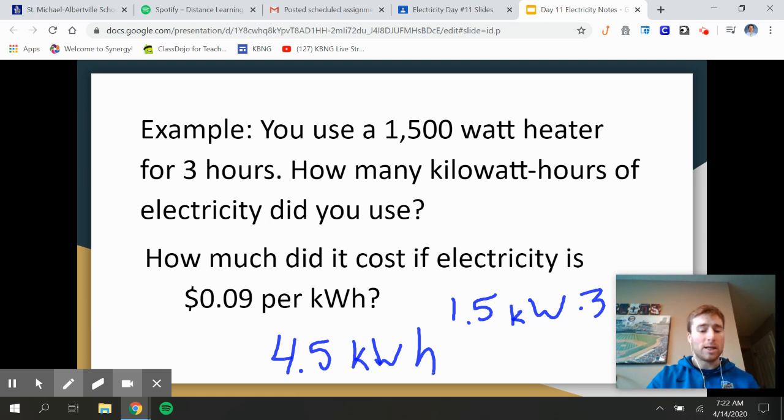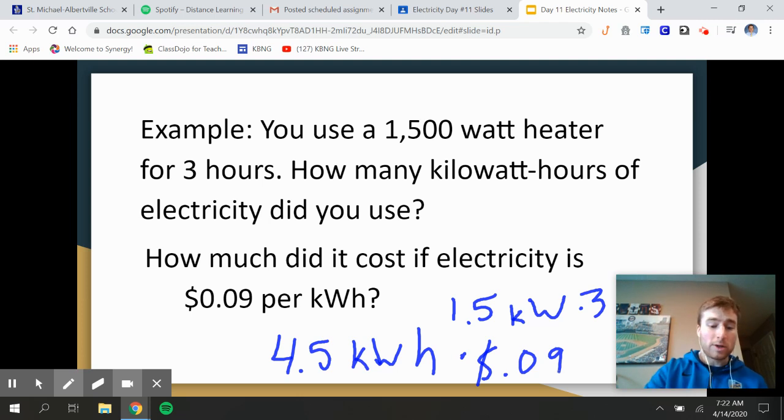And then the cost of electricity is 9 cents per kilowatt hour in this example. Sometimes it changes, at different times of the day it changes. It's $0.09, which is 9 cents. So if we multiply 4.5 times that price of $0.09, we get our answer. So 4.5 times 0.09.